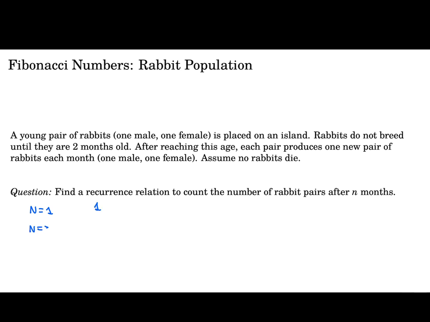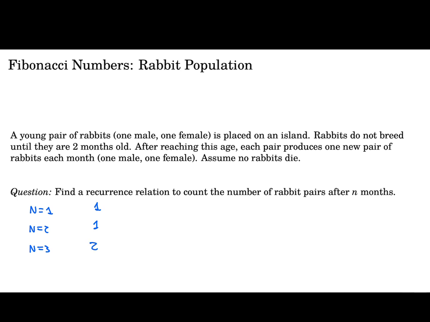When n is equal to 2, the rabbit pair is now 1 month old, so they still do not have children. So you still have one pair. But now in month 3, you have 2 pairs, because you have the original pair plus the new pair.